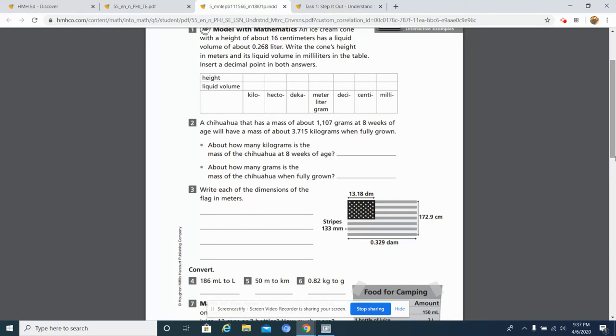And it wants to know in kilograms. Okay, and then the next question, about how many grams is the mass of the Chihuahua when fully grown. So then we have 3.715 kilograms equals how many grams? Okay.